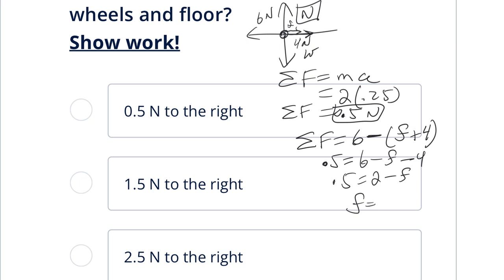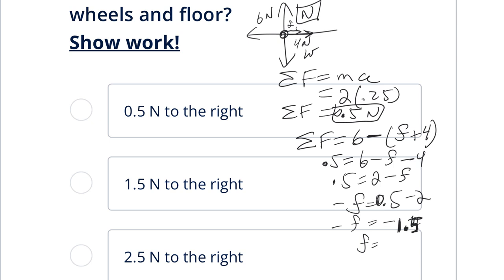Okay, so here, let's just do all the way. 0.5 minus 2 is negative 1.5. Wait, 1.5. 2 minus, yeah. So 0.5 minus 2 is negative 1.5 equals negative f.